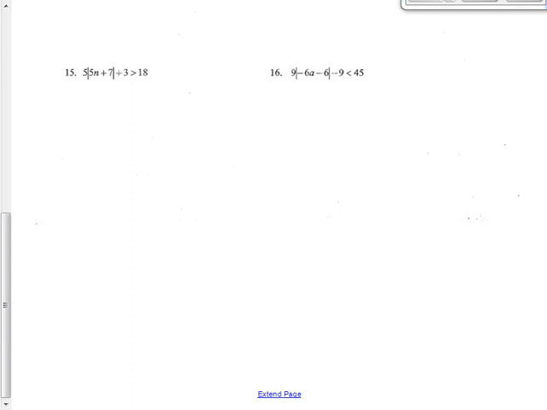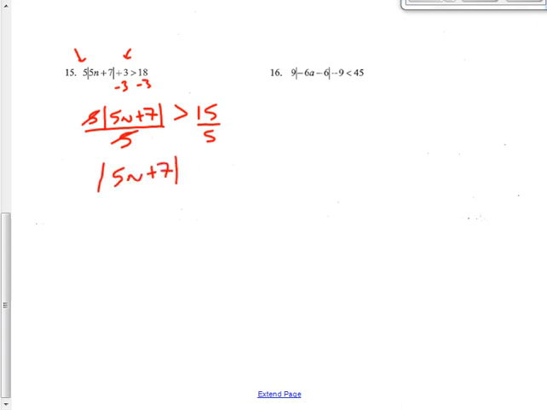So let's run down and look at one of the harder problems here. In this number 15, I need to get rid of the plus 3 and the 5 before I can get the absolute value by itself. So I need to subtract 3 first. So I get 5 times the absolute value of 5n plus 7, still greater than 18 minus 3, which is 15. Now I'm going to divide by 5 to get rid of the 5 in front. So I get absolute value of 5n plus 7. Notice that nothing has changed inside the absolute value up to this point.